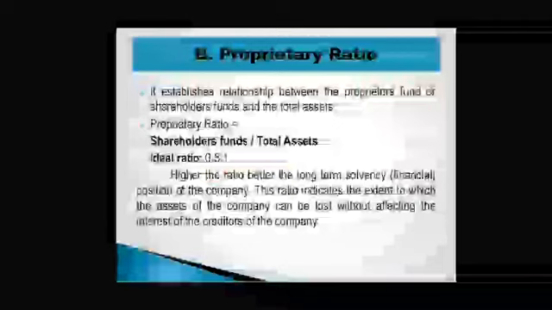Yes. So proprietary ratio equals shareholders' fund divided by total assets. The shareholders' fund includes equity share capital, all reserves and surpluses, etc. What are the things we have to include in total assets? Goodwill also we have to include.